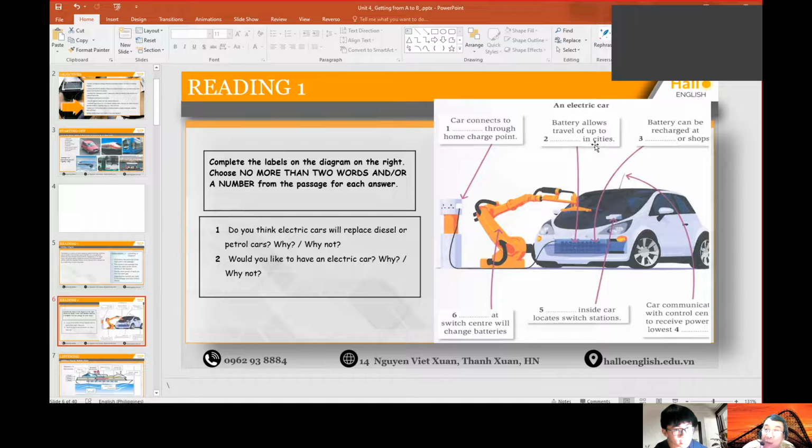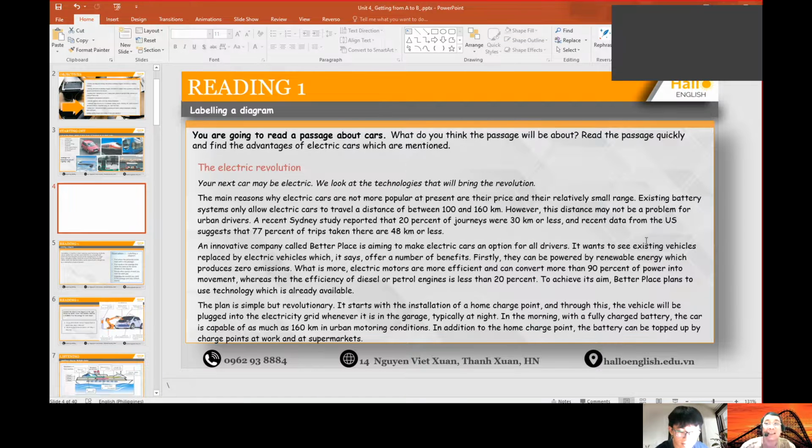I think the last sentence, look at this one, Khoi. Battery allows travel of up to blank in cities. So we're not talking about the battery life itself, but we're talking about the travel of that particular electric car within the city, right?